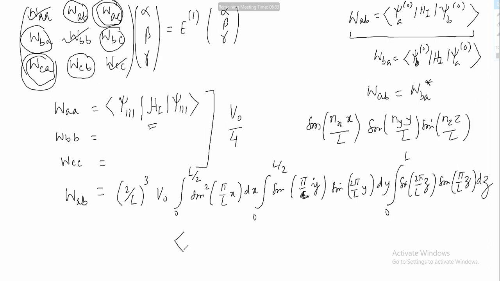See here, there will be a term with X, with Y, and with Z. What will this correspond to when you consider WAB?